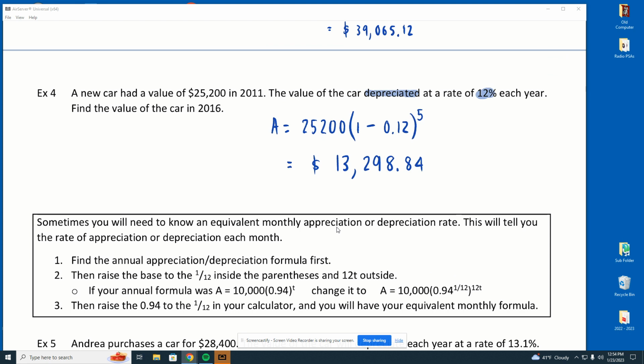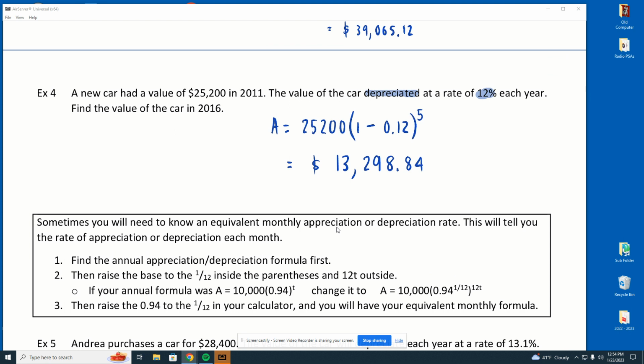Now, I'm not allowed to change this equation, so what can I do to this exponent to cancel out the fact that I did this to the 1/12? I multiply it by 12, because 1/12 times 12 is 1. Kind of cancels away.